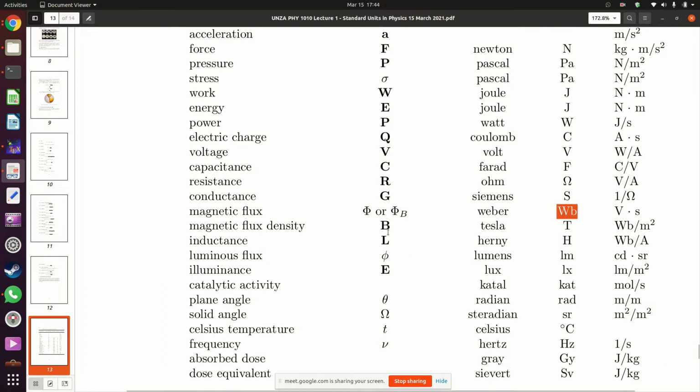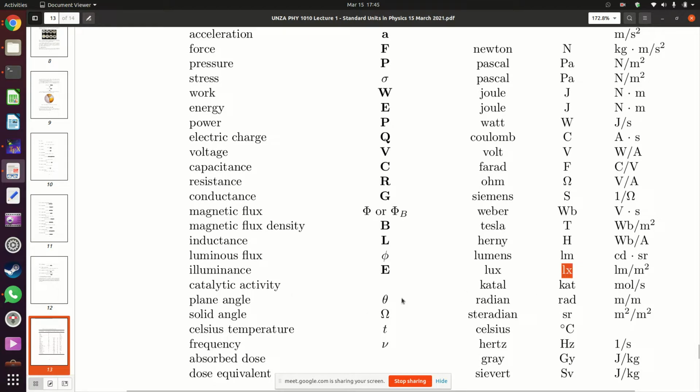Magnetic flux density is capital B. The unit name is tesla, and the symbol for tesla is capital T. Then inductance is L. The unit name for inductance is henry, capital H. Luminous flux, phi, measured in lumens, lm. Then illuminance is E, measured in lux, lx.